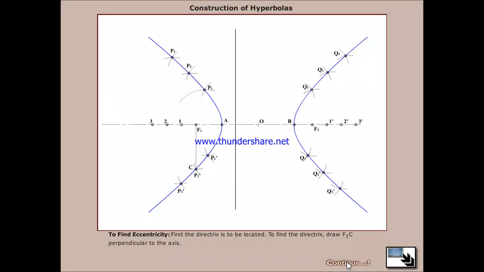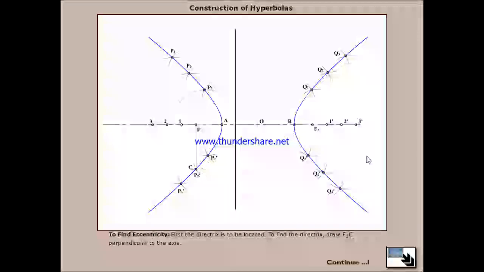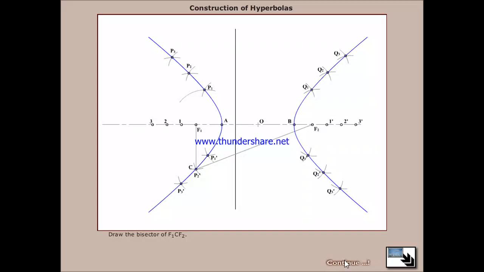To find eccentricity, first the directrix is to be located. To find the directrix, draw F1C perpendicular to the axis. Draw the bisector of angle F1CF2.